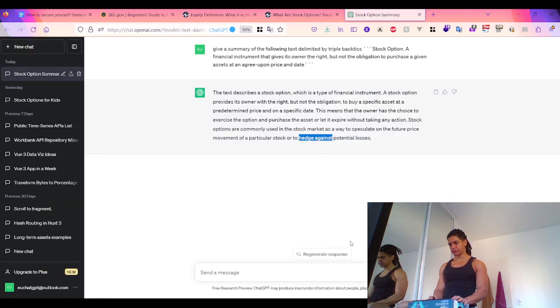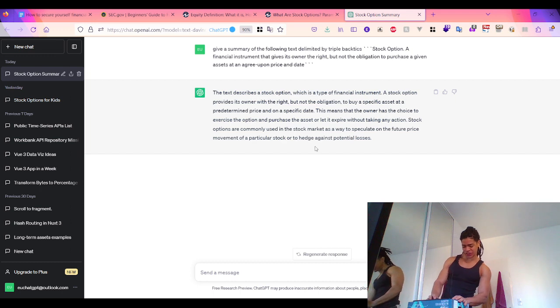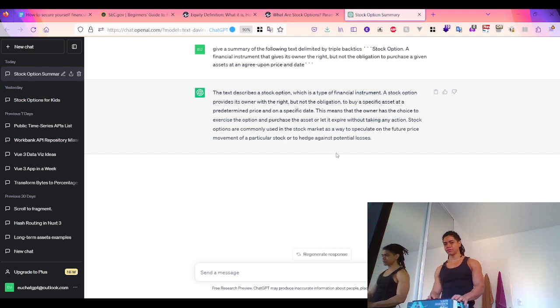Or to hedge against potential losses, or to protect against potential losses. Hedge or protect.